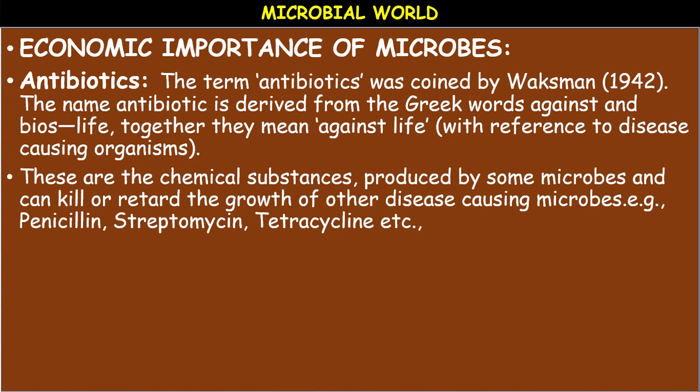For example, penicillin, streptomycin, tetracycline, these are all important antibiotics. The first antibiotic was penicillin; even tetracycline is used for the treatment of plague. Okay. Many dreadful diseases can be controlled by these antibiotics.